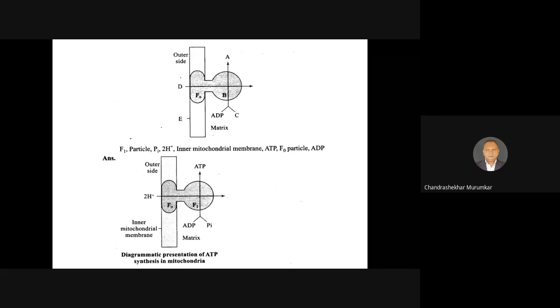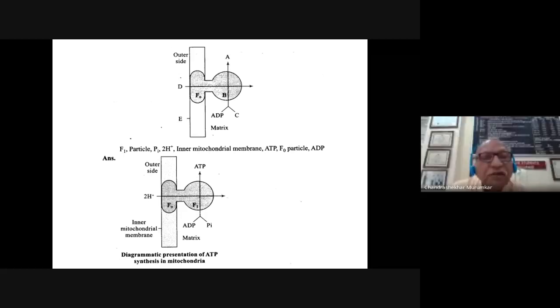Now you can see this image on the lower side. You can see the inner mitochondrial membrane, which is written at the bottom, and the F1 particle is seen, that is the cristae particle, which is present towards the matrix.